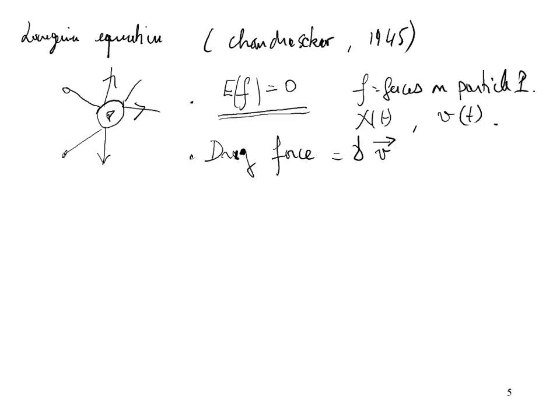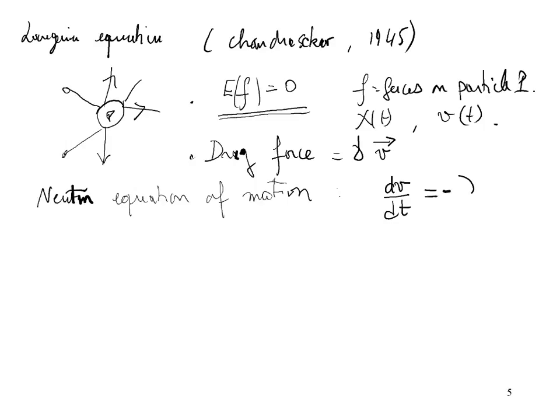So the first equation to describe the motion of the trajectory is the classical Newton equation of motion, which says that the acceleration dv/dt should be proportional to the force.